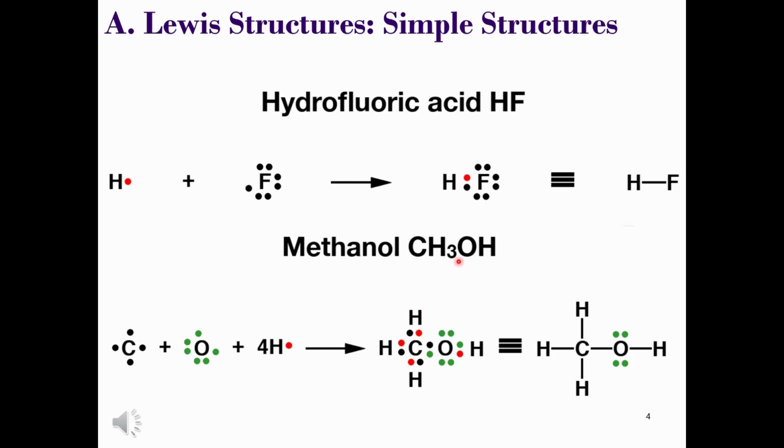For methanol, we are given the condensed structural formula, so the carbon is the central atom as one of the hydrogens is bonded to the oxygen. Then we would draw a skeletal structure. We haven't done so in this case, but we will on the next slide. Lastly, you place any electrons around the outside atoms. So let's continue on to the next slide where we do this for the acetone molecule.